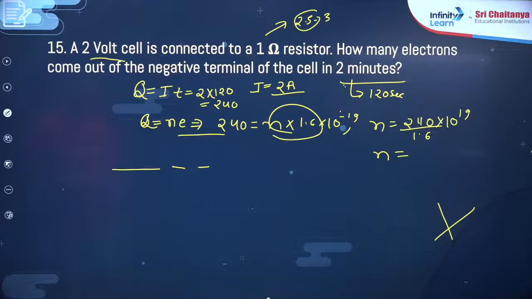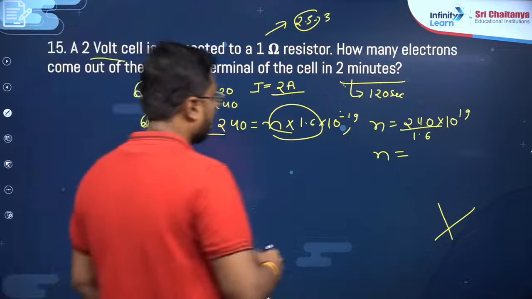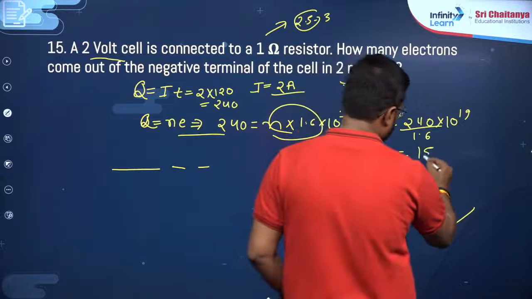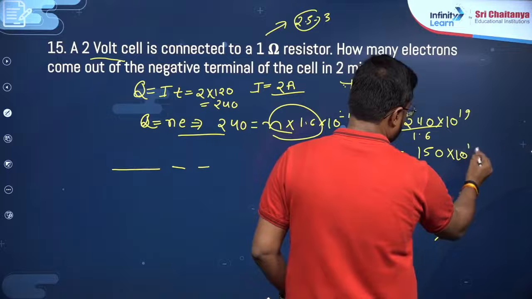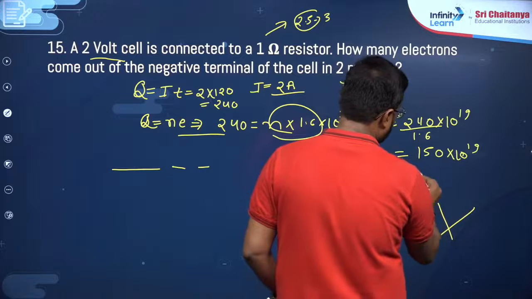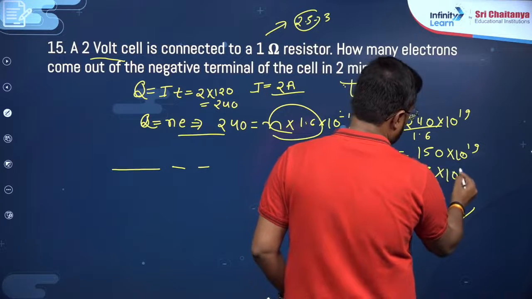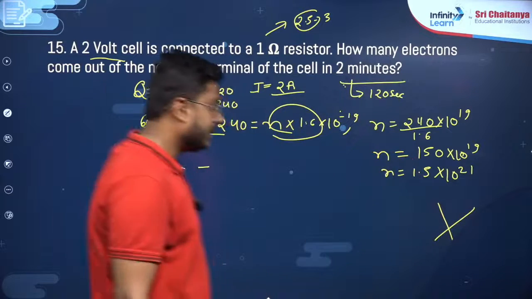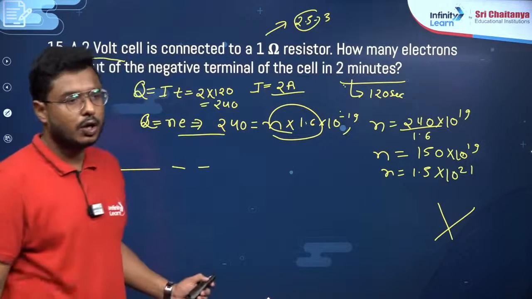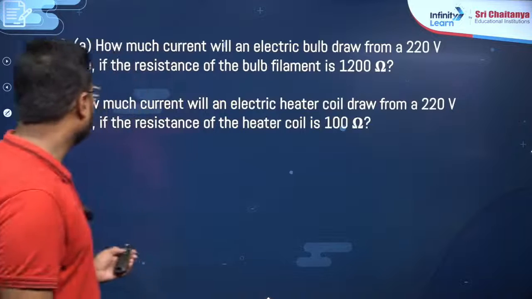So 150 you will get here, right? It's an easy calculation. So you can write 1.5 into 10 to the power 21. Easy, right?